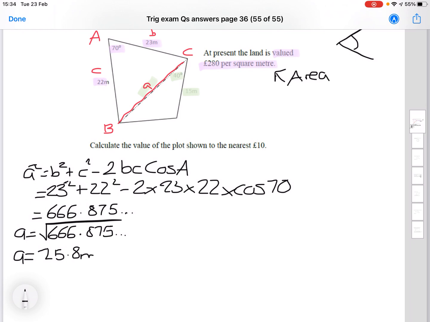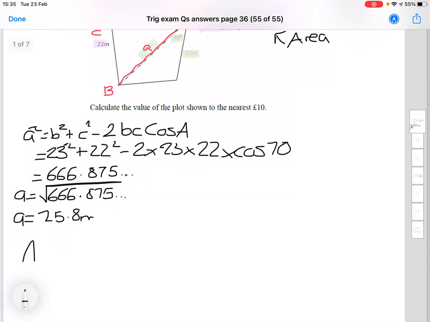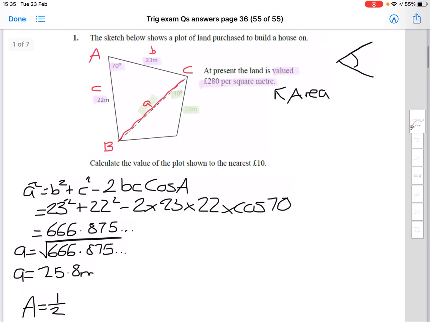So now that you have that side, we need to do our area calculations. For the top triangle, we have the 22 metres, the 23 metres, and the angle of 70. So I'm going to do that one first. Area equals half. In this case, the angle is A that I've got.